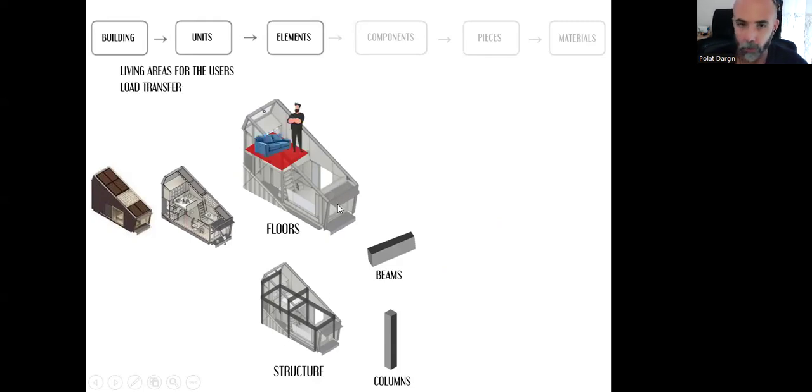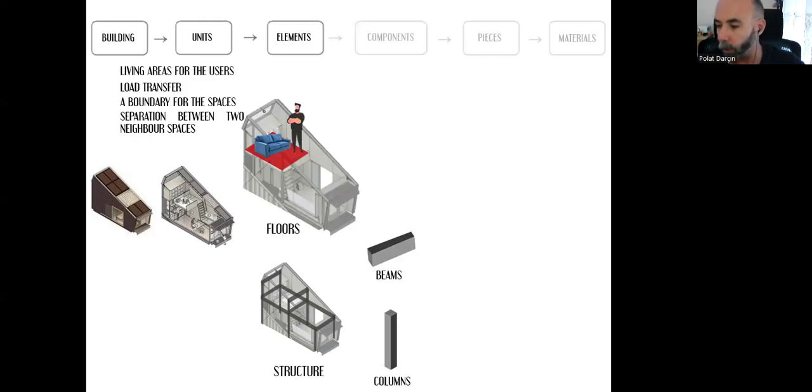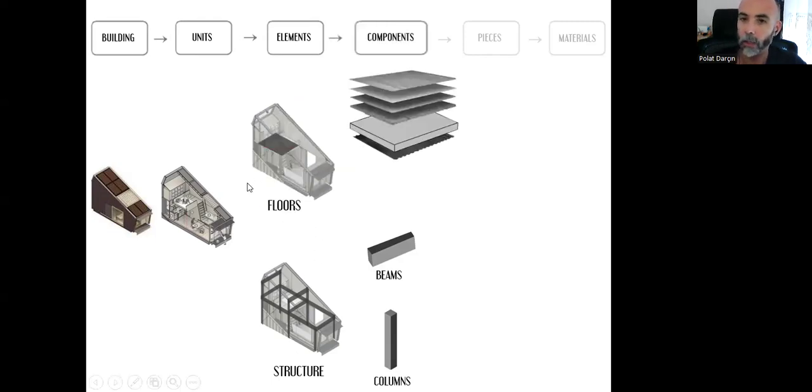It's the starting point of the load transfer, and it will create a horizontal boundary for the spaces. And if there is more than one space, it can provide insulation, separation between these two neighboring spaces. Again, it will have its own components like the floor covering, insulation layers, ceiling covering, and the middle part.